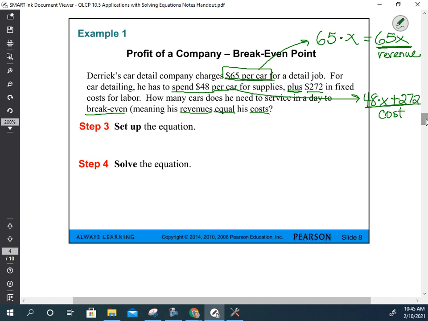So to break even, 65x equals 48x plus 272. Any questions before we start solving?